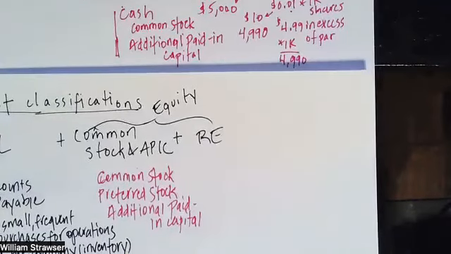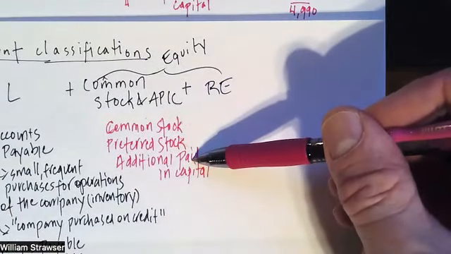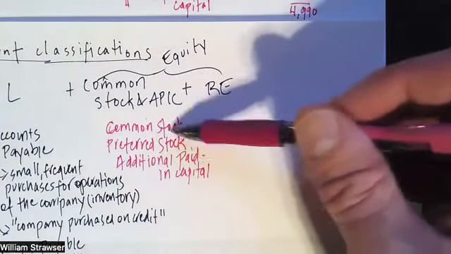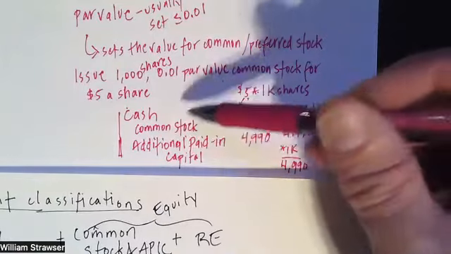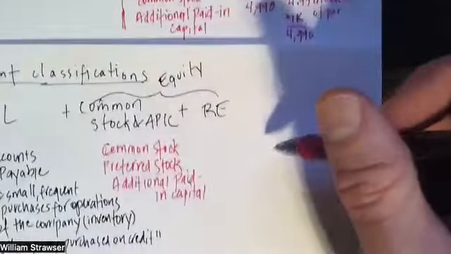All right. So those are really the only common stock accounts: common stock, preferred stock, additional paid-in capital. In terms of bookkeeping, common stock and preferred stock behave just the same way. They both have par values, they both have additional paid-in capital accounts, so no differences there.